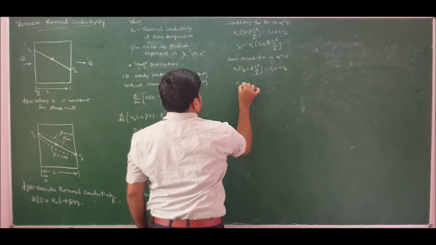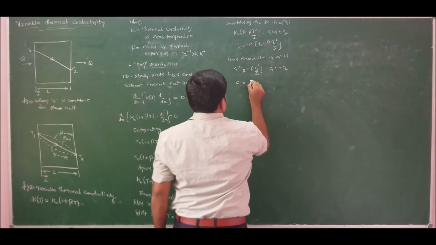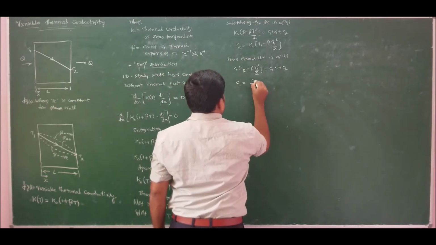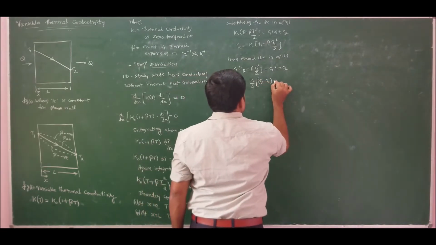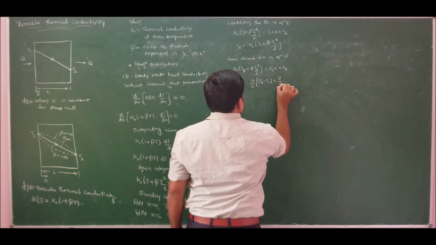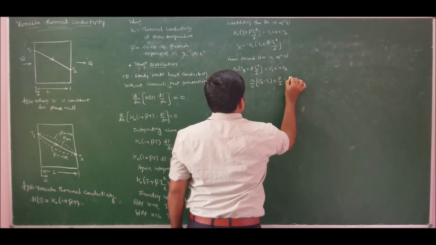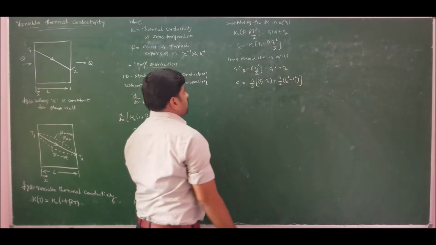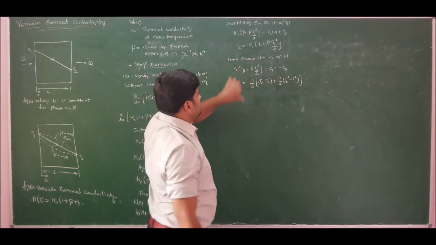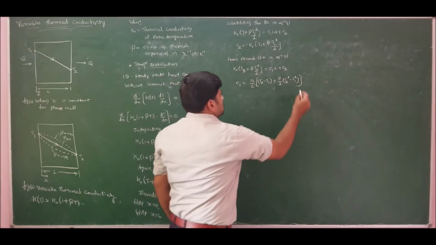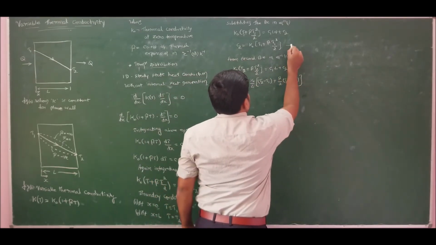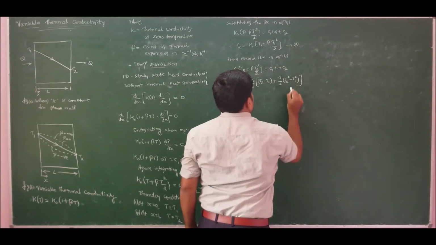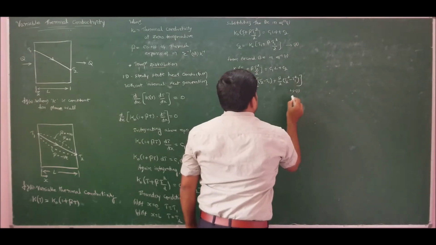Hence the value of c1 will be k naught by L of t2 minus t1 plus beta by 2 of t2 square minus t1 square. I just substituted for c2 and simplified for c1. So this is the value of c1. Let us take this as equation 2 and this as equation 3.